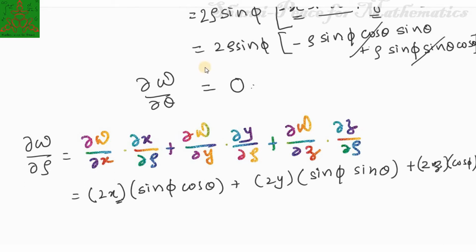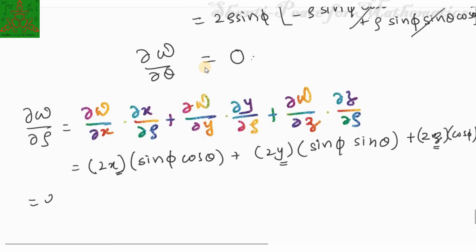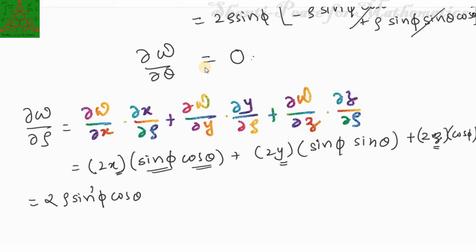Now substituting the value of x, y and z here, we will have 2, the value of x is rho sine phi cos theta, and sine phi cos theta is already there, so it is squared here, plus 2 rho sine phi sine theta, and sine phi sine theta is already there, so that's why this, plus 2 rho cos square phi.